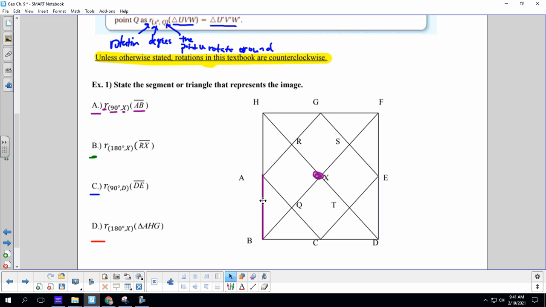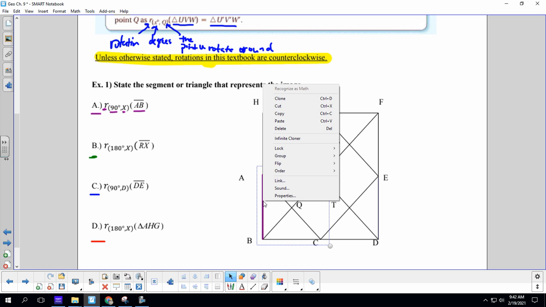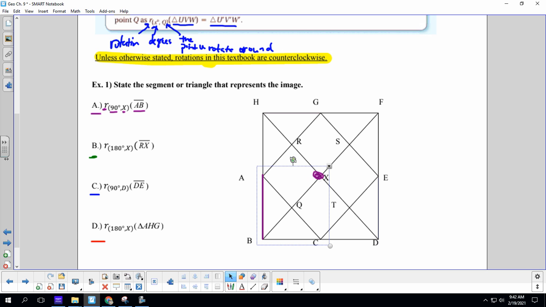So bear with me here. Here we go. We're going to go 90 degrees, which is like a half turn, and I'm going to line my X back up, because remember, our point does not change. Then we look and see which segment or triangle represents the image. So AB rotating 90 degrees becomes CD.